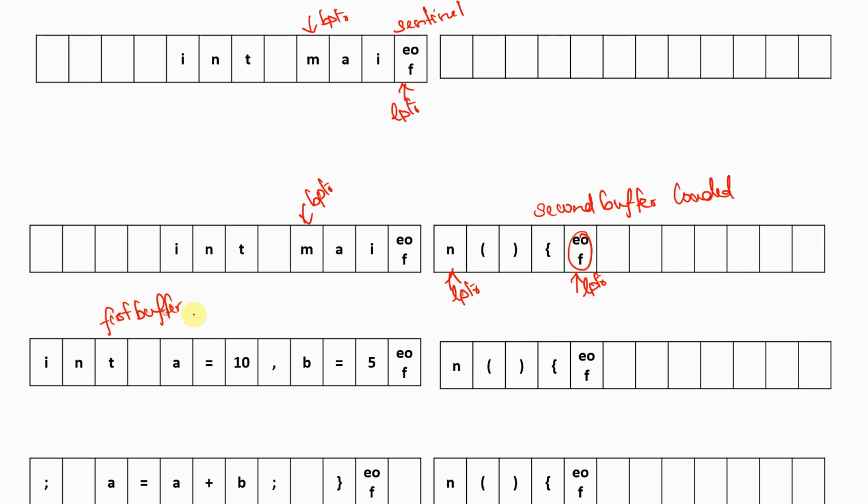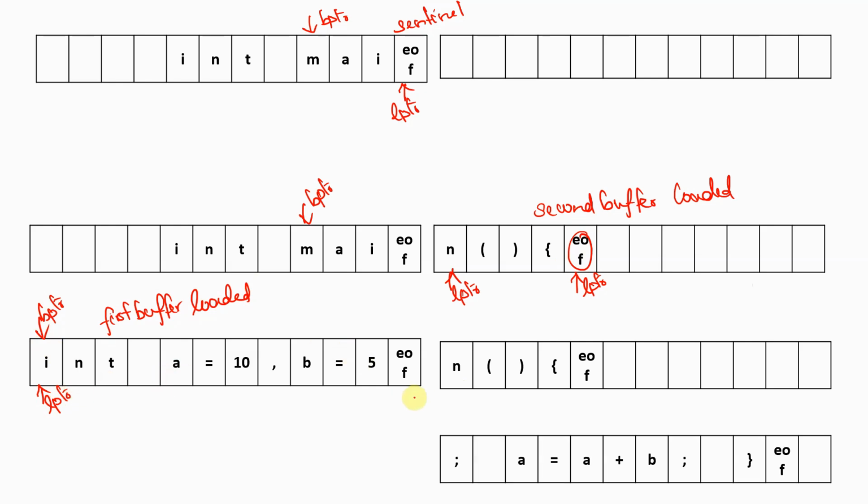The first buffer gets loaded, and the beginning pointer will come here and the look ahead pointer also comes here. Now once it reaches the end of the first buffer, immediately the second buffer gets loaded and the look ahead pointer will move to the second buffer.